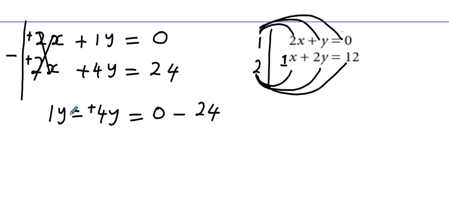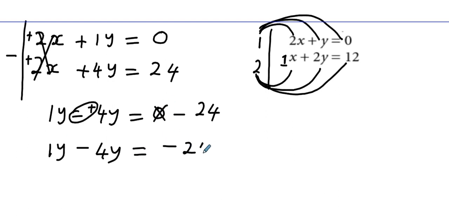Negative times positive is negative 4y, you have 1y over here. 0 cancels, you remain with negative 24. 1y minus 4y will be negative 3y equals negative 24.